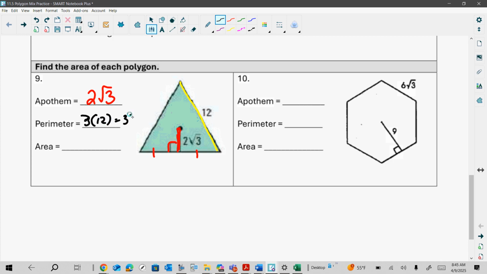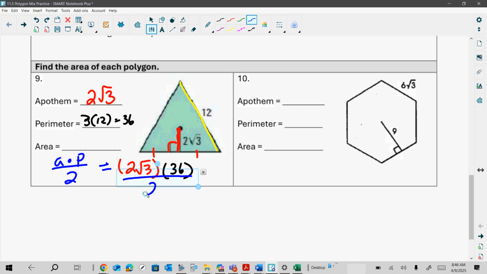So to find the area, the formula is apothem times perimeter divided by 2. This is going to be a radical answer. Let me show you why. The apothem was 2 root 3, the perimeter was 36, and then we're taking those products and dividing by 2. I'm just going to simplify because I can do the division on one of the factors. 2 divided by 2 is gone, so I'm left with just 36 root 3.